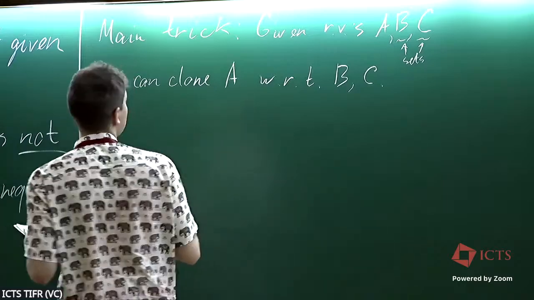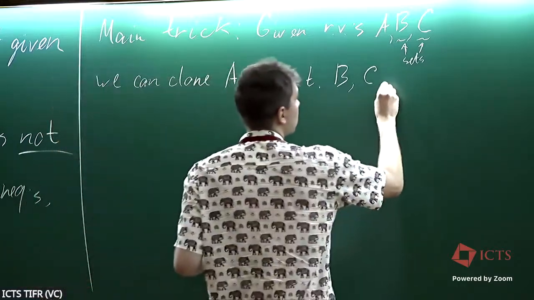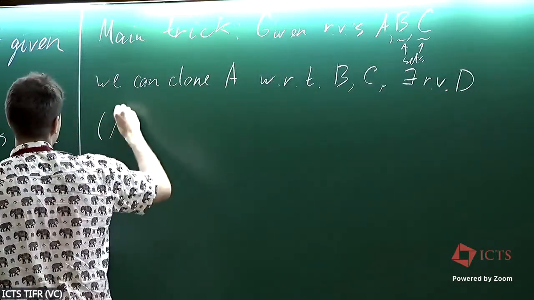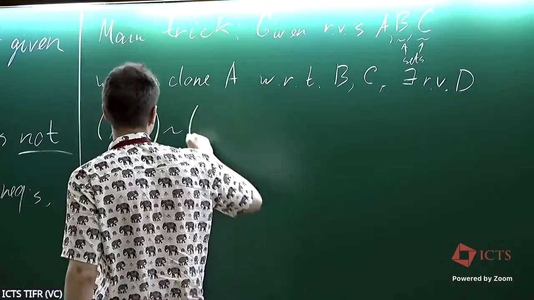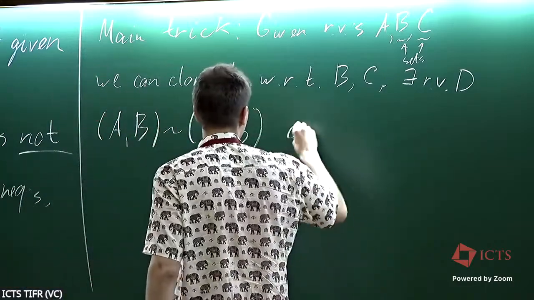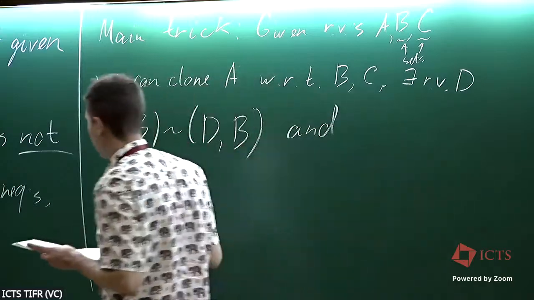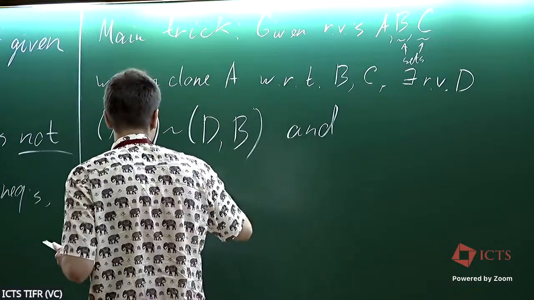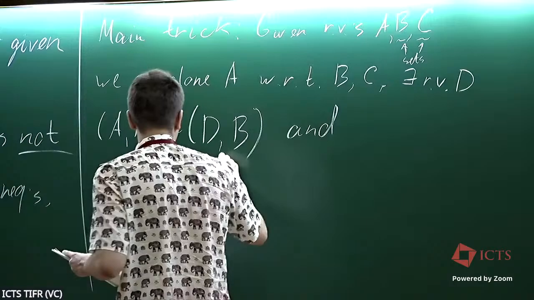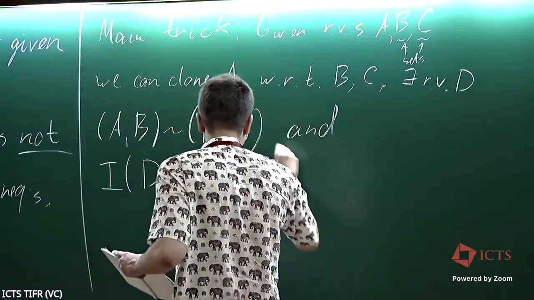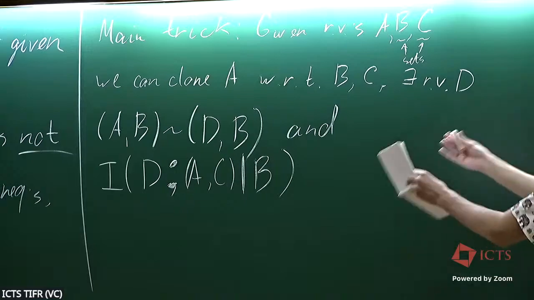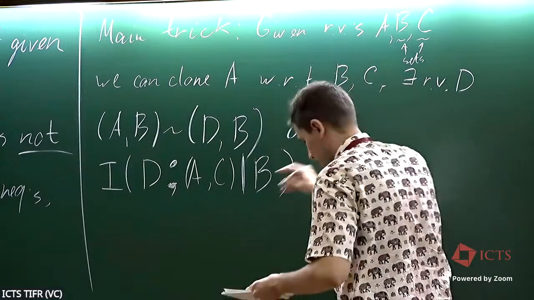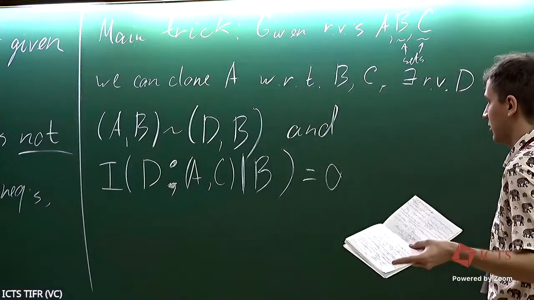We can create another random variable D such that, together with B, it has the same distribution as A with B. And we also have the property that D is independent of the pair A, C conditioned on B. This is the property which is called D is a clone.